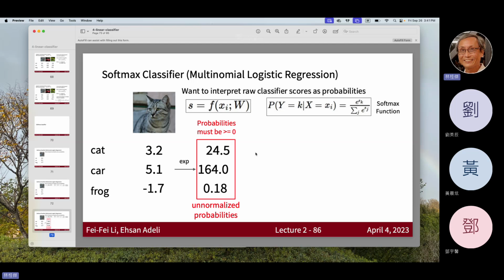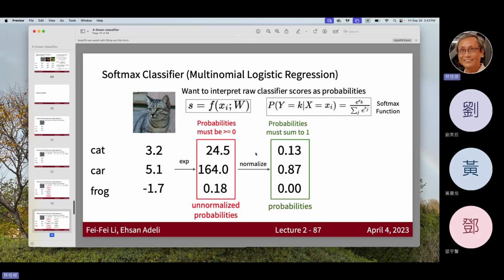If you do this using this exponential function, add them up, and do the division in this way, then this is converted into this. Then we can further convert this one into this.